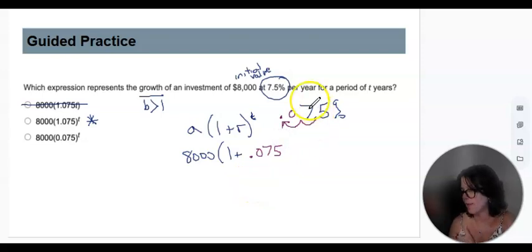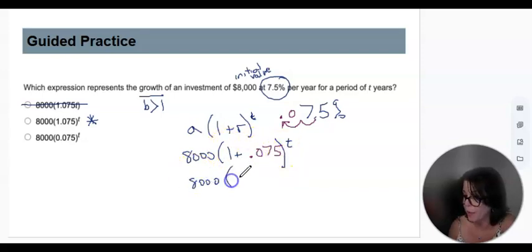You could also have said 7.5 divided by 100 in your calculator, and you would get this result. All right, when you look at this now, to the power of t, 1 plus 0.075 is, put them together, 1.075. And that absolutely matches this second choice, which is the correct answer.